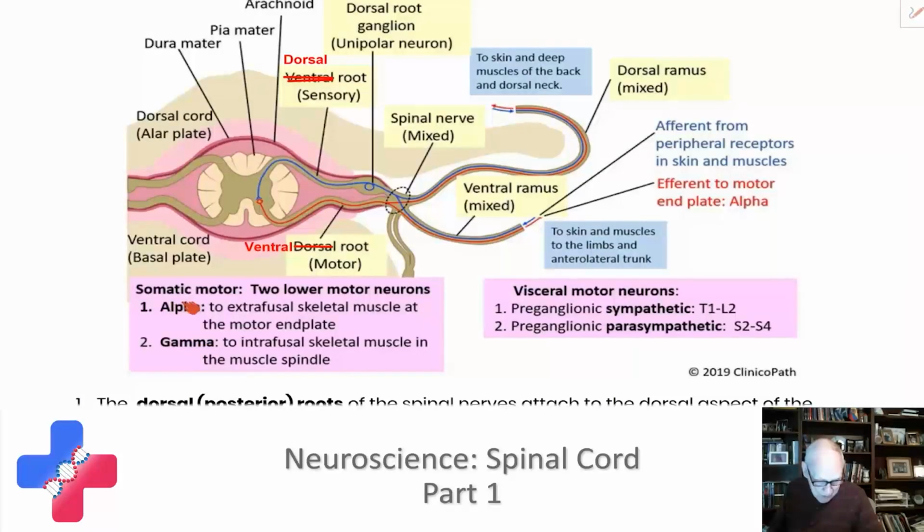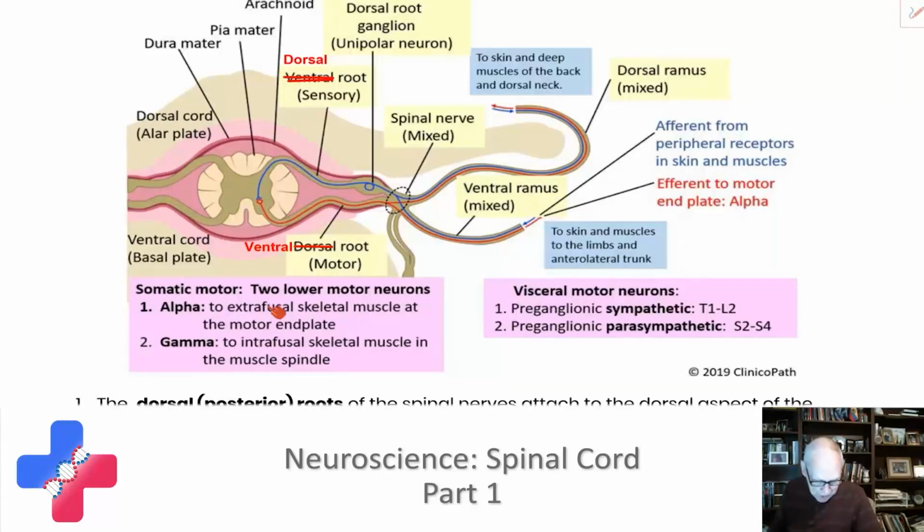But notice both of these lower motor neurons innervate skeletal muscle. Now, there are two terms used here, extrafusal and intrafusal. Extrafusal is just a fancy name for the muscle itself, say the biceps or the quadriceps. So the extrafusal innervation to the muscle itself, involved in the volitional movement of that muscle, that's the alpha system.